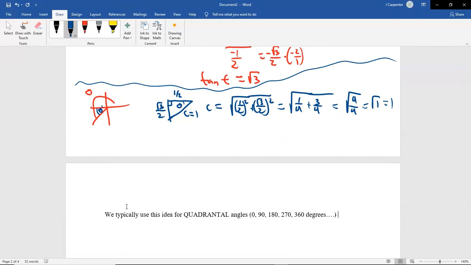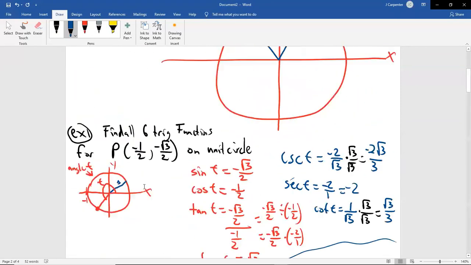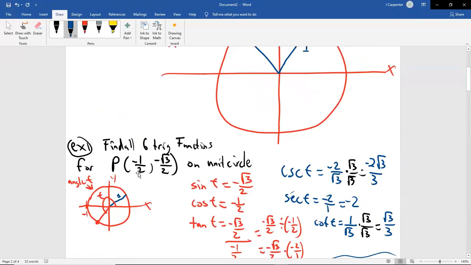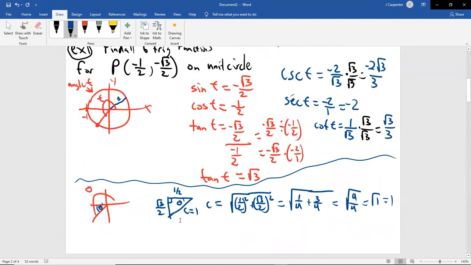So it's a cool idea, it works, but honestly, there's just not a lot of times where I happen to give you a point that's on the unit circle. If I'm giving you a point, it's probably not on the unit circle, and you have to fall back on this idea anyways, getting the hypotenuse, paying attention to the quadrants, all that stuff. It's still good to know that sine goes like y, cosine goes like x, because that's a great way to do the plus or minus patterns.